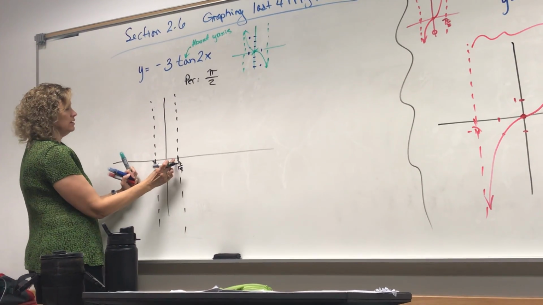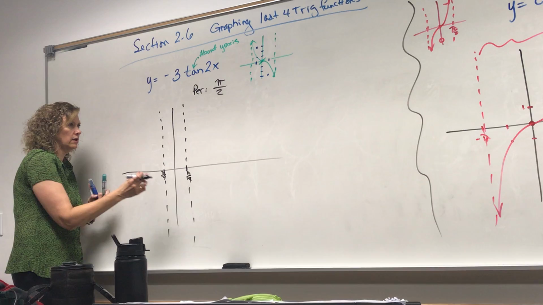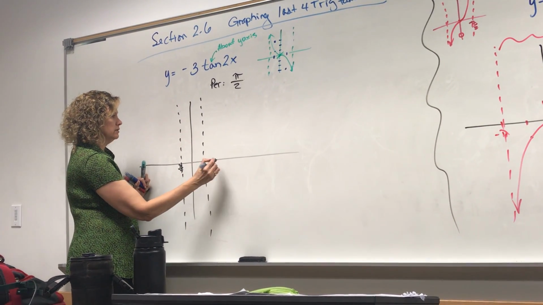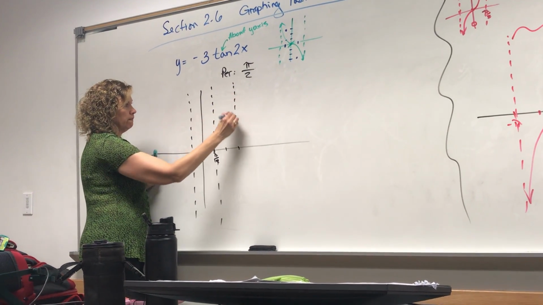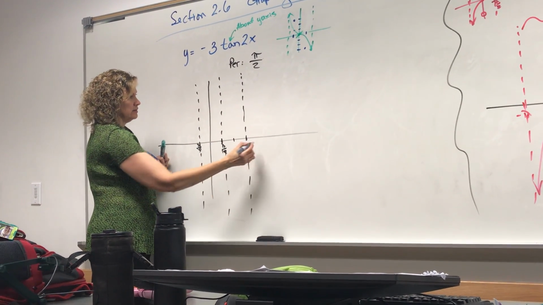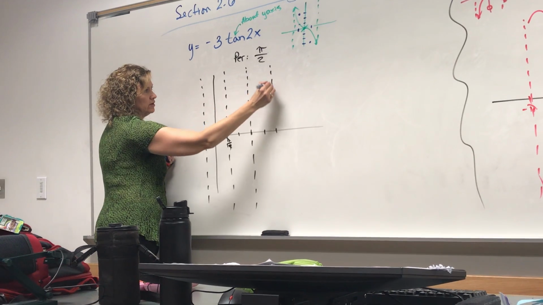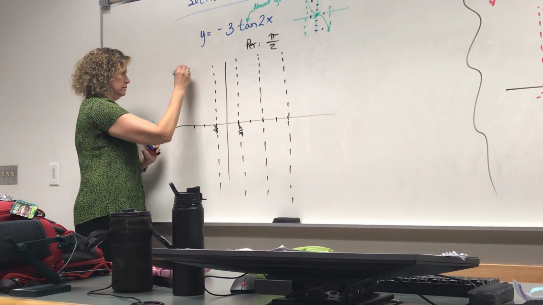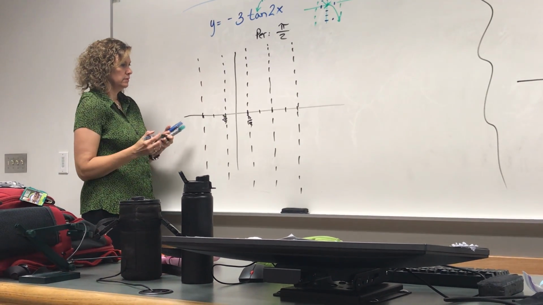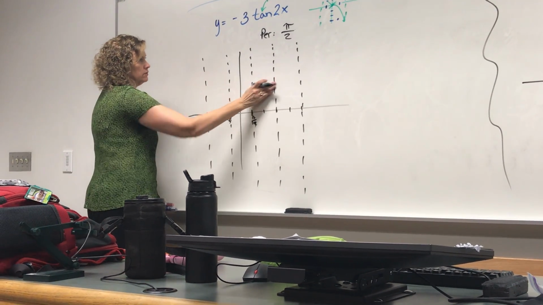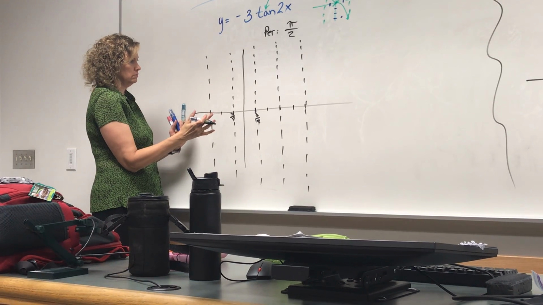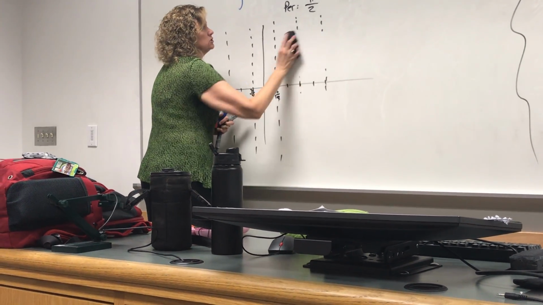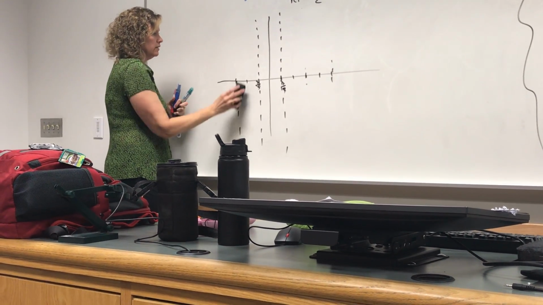Okay, so let's see. Once you get 1 down, then you can just estimate. I don't like the way this looks. Let's just graph 1 and then we can repeat it after that.